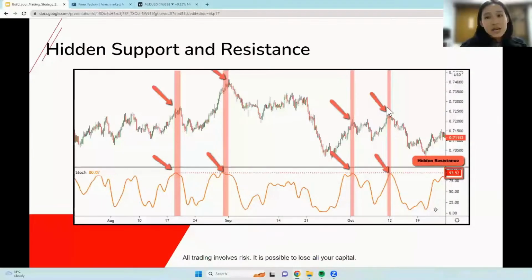Over here as well, a higher high. So what this basically means is that we can expect price to drop immediately after this, which is exactly what happened here. Once you identify price making a higher high on the second peak, whereas on our stochastic or RSI it's giving us the same peak or the same level, then you can expect price to immediately drop after that. Similarly for over here.